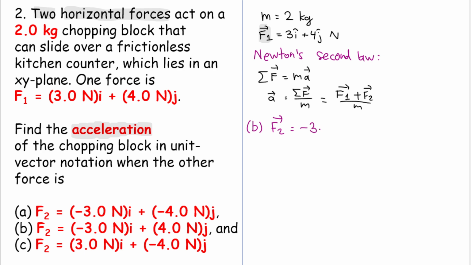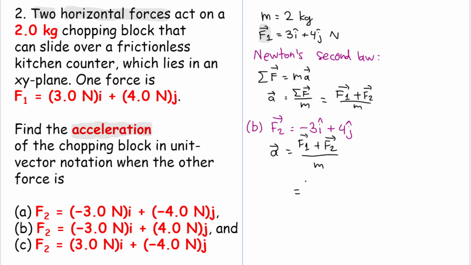So I will have minus 3 in the I direction and then plus 4 in the J direction. And let's calculate the acceleration. Remember this one, I will have the first force F1 plus the second force F2 divided by the mass.